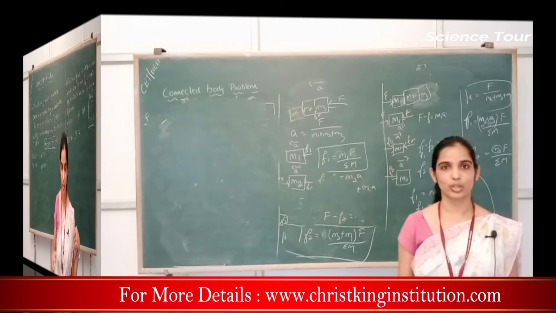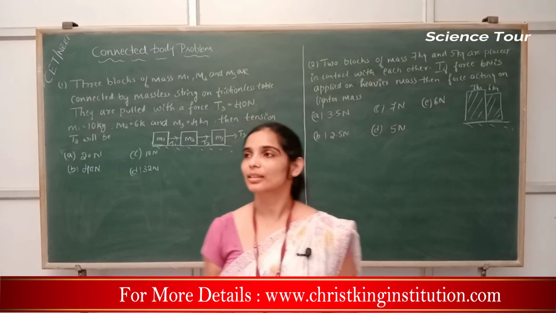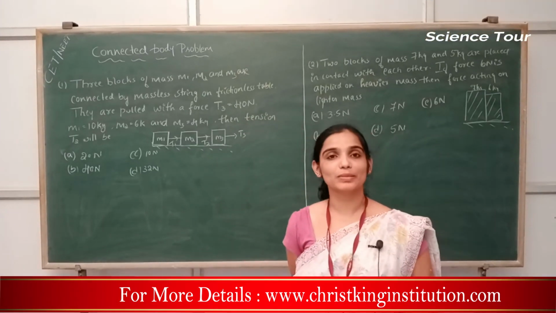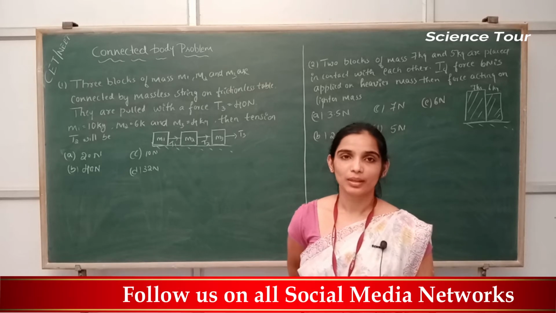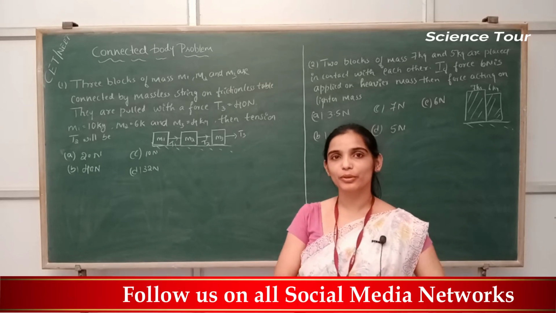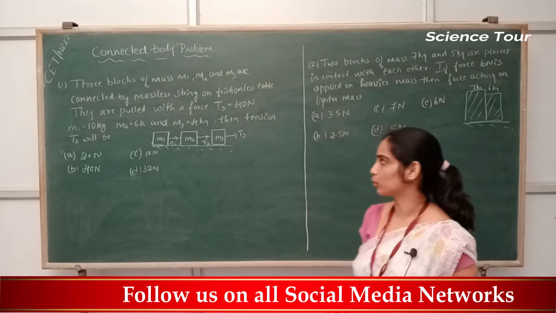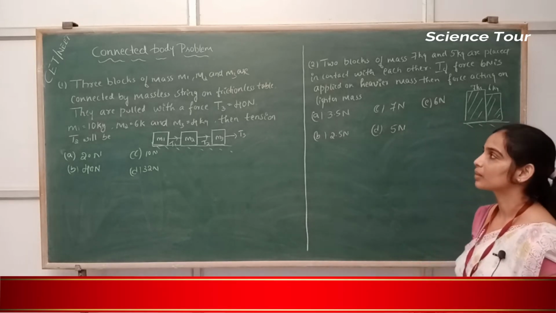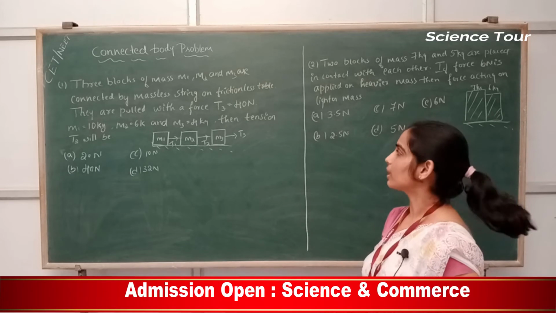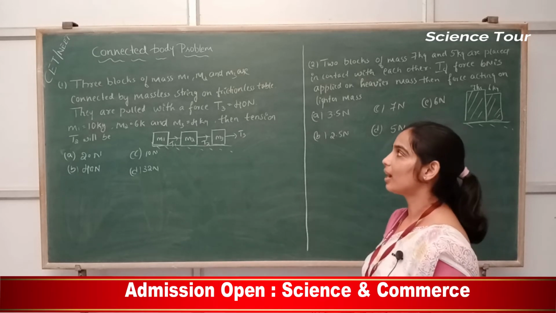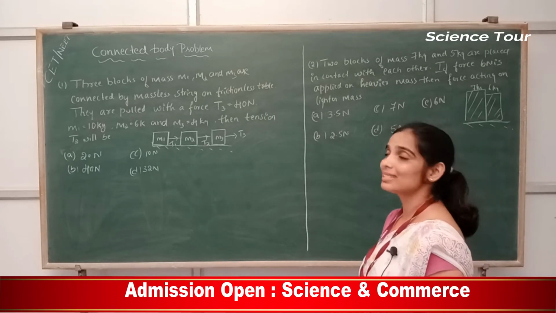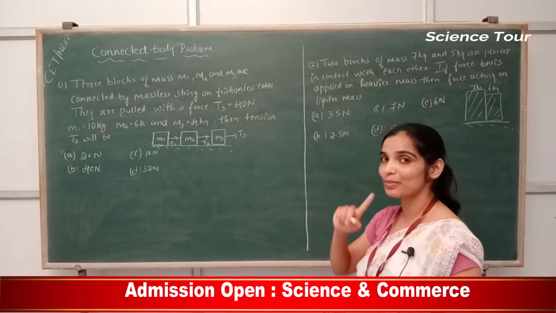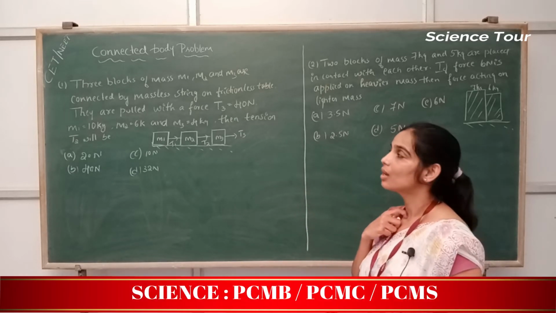Hello students. So let's solve some problems under connected body problem. If you solve the problem, you will get more clear idea about the synopsis we have done in our previous classes. Three blocks of mass M1, M2 and M3 are connected by massless string. In the question they have mentioned the mass of the string is negligible.